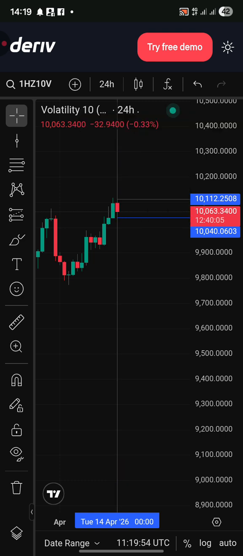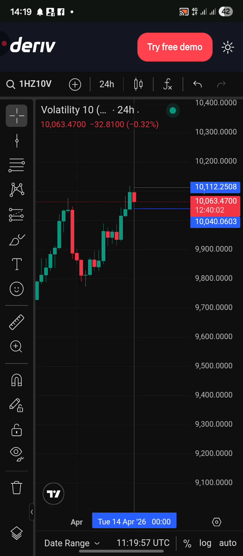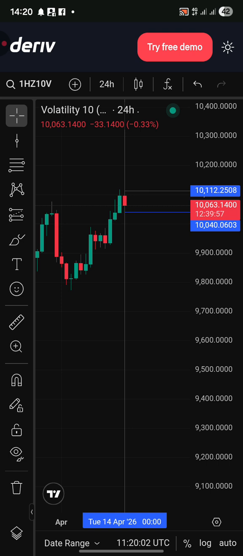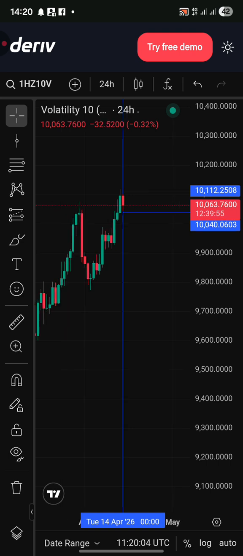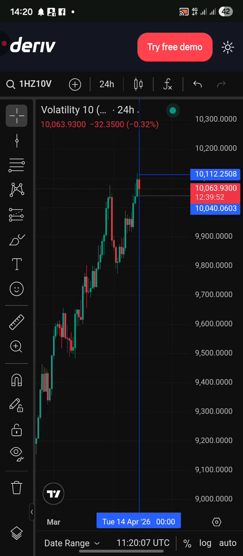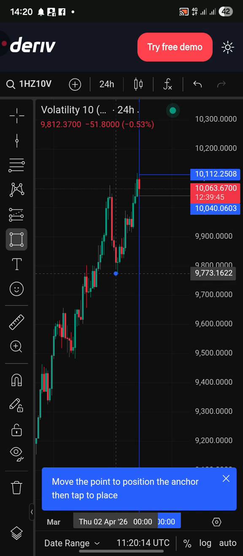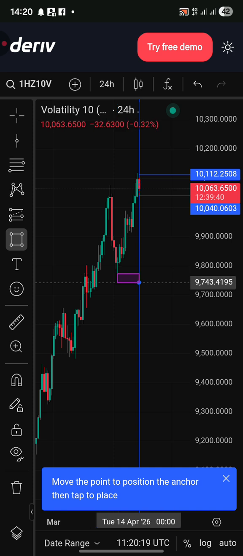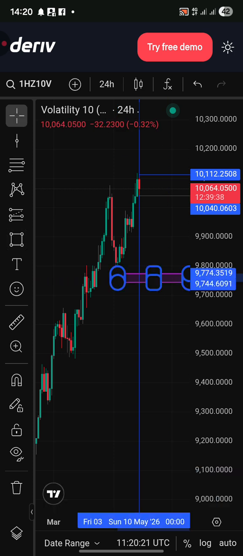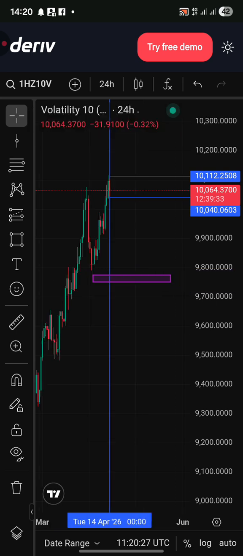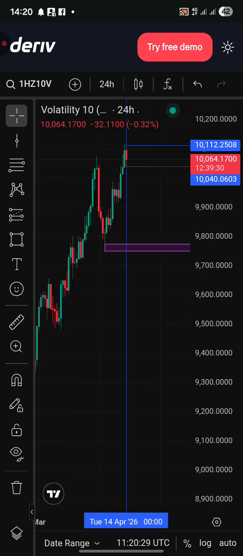So if you can see, we have analyzed the market. For example, this is a higher high, this is a demand zone. If you use those rules, this is a demand zone, and also a higher high, lower high of the market. We have another one here.